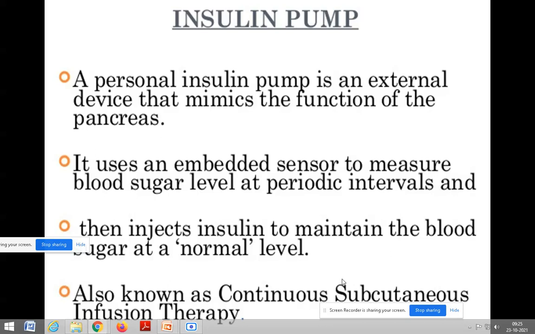Based on your blood sugar level, insulin is injected to maintain your blood sugar level at a normal condition. The other name for the insulin pump is continuous subcutaneous infusion therapy.